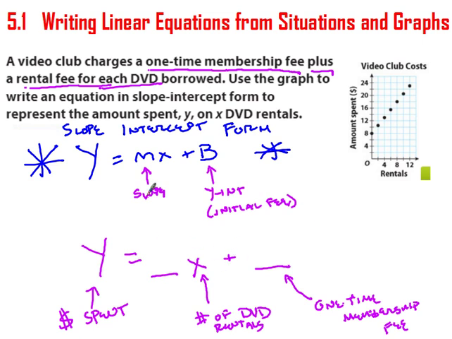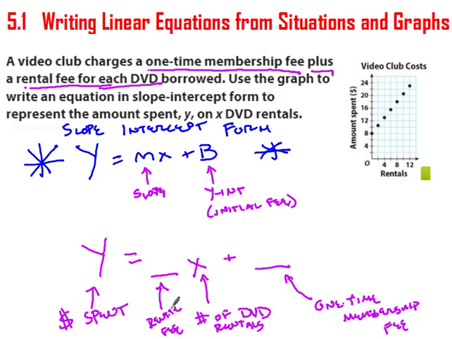There's the plus, the rental fee for each DVD. This is the number of DVD rentals. Each means multiplication. So the thing that is changing, my rate of change, is going to be different every month, depending on how many DVDs I rent. So this is the rental fee.